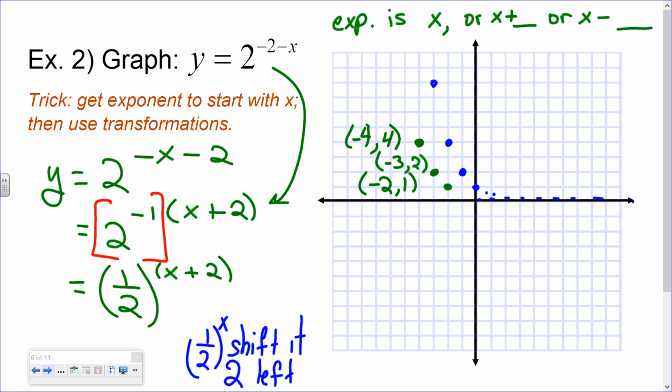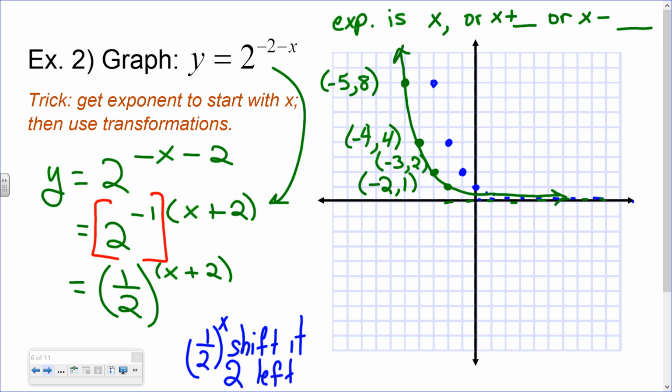Did I get that right? -3, 8 moves to the left, so it is now -5, 8. Always check asymptotes. If my asymptote slides 2 to the left, does it look any different? No, it's still going to be the x-axis. So I have these 4 lattice points.